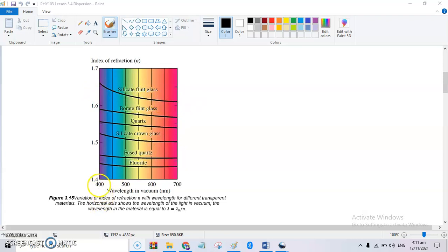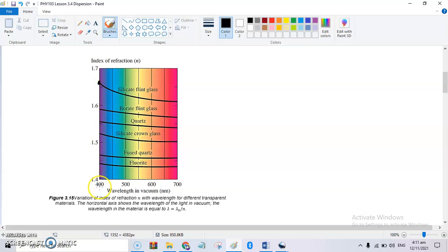When the wavelength is, for example, 400, the index of refraction of the silicate flint glass is about 1.66. In this figure.